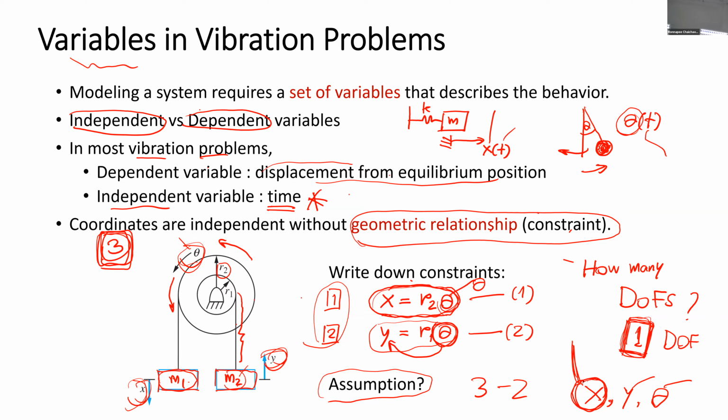Or you may answer, this system has 1 degree of freedom and coordinate y is a generalized coordinate. You can say it like this also, because if you know y, you know theta, you know x. Or you can say that theta is the generalized coordinate that you select. It's also correct.